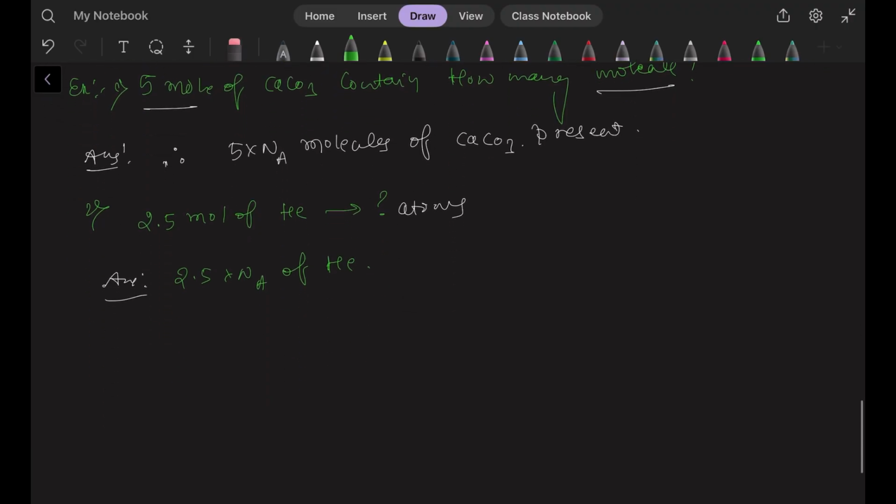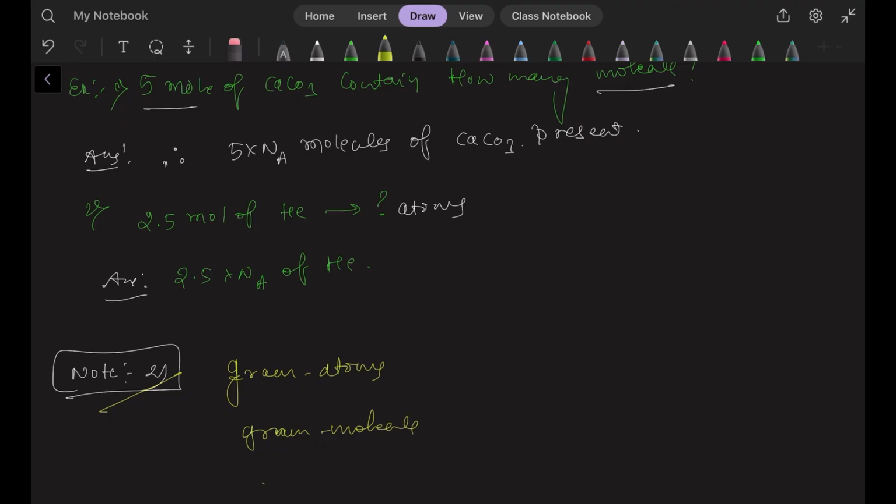Please remember, never ever skip this one. I don't know whether you people will remember this or not, but whenever they give a question, if they mention gram atom, gram molecule, or gram ion, my dear students please remember, the meaning indirectly is mole only.